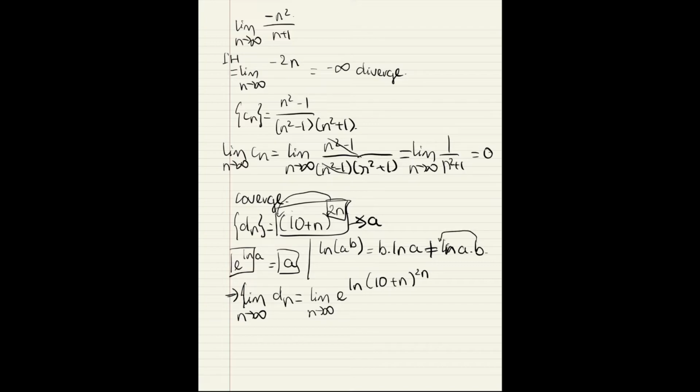It's easier for us to see, because if you write it like this, it just seems like ln of a times b, and ln of a times b equals ln a plus ln b. So I just move the exponent down, which means the limit of n to infinity of e to the 2n times ln of 10 plus n.